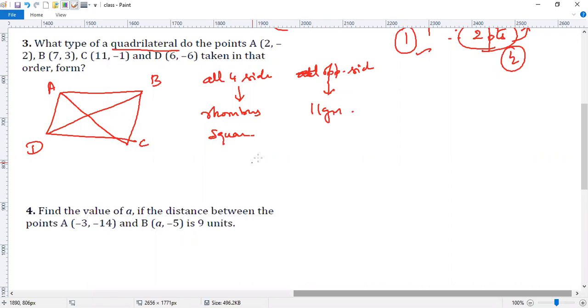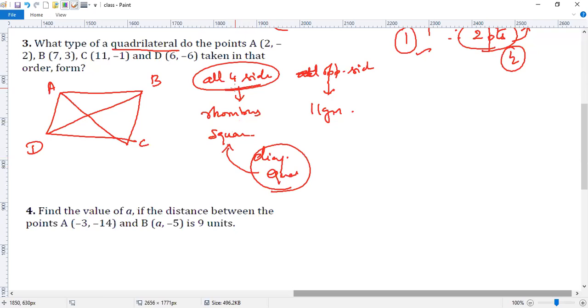Now when you check the length of the diagonals, if the diagonals are equal, then you will have a square, because a rhombus is a general type of square, right? I'm saying if all 4 sides are equal and the diagonals are also equal, then you will have a square.